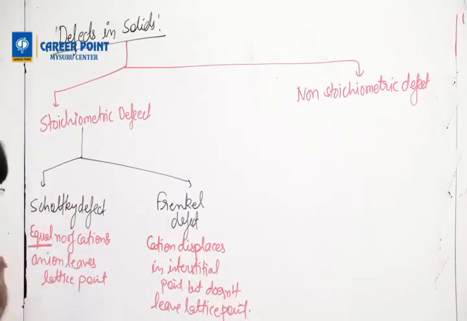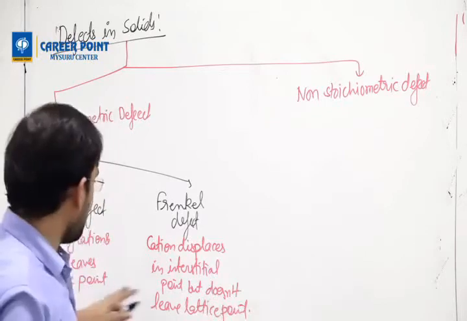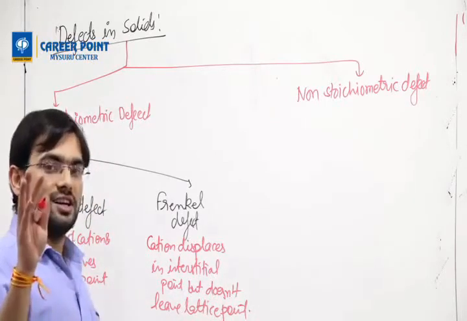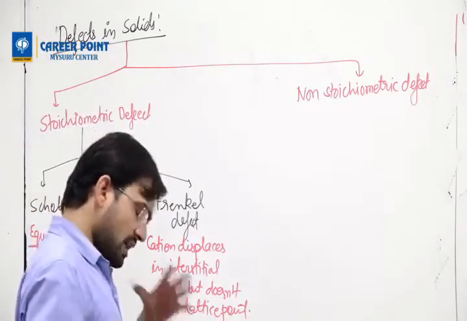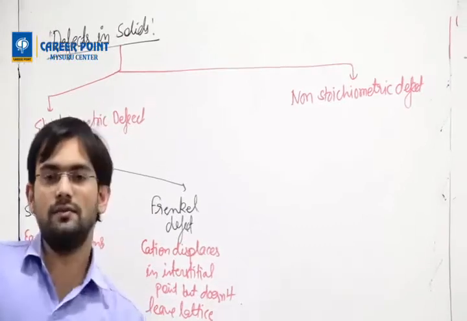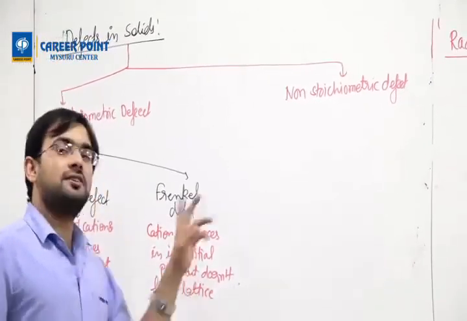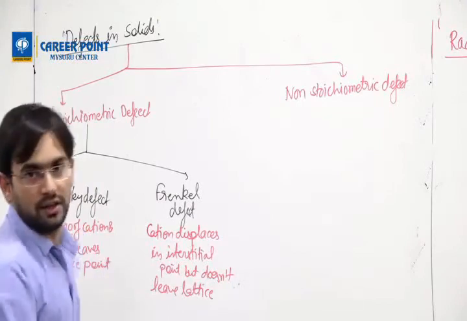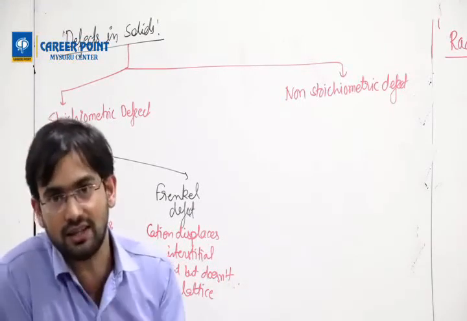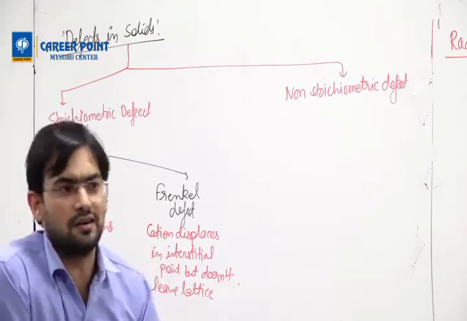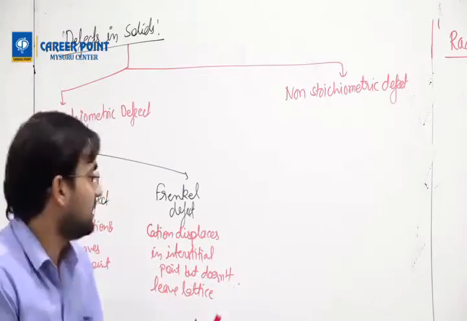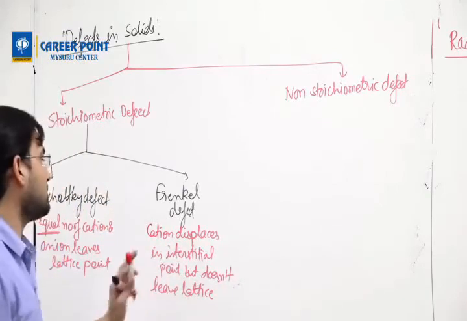Here it will completely leave the lattice point. Here the cation will not leave the lattice. It will be in the lattice only, but in an interstitial position. It will occupy some void. Let's say Na+ was supposed to be at an edge center. It will not be at the edge center. It will be somewhere inside the cube. That's this slide. Cation displaces at interstitial point.